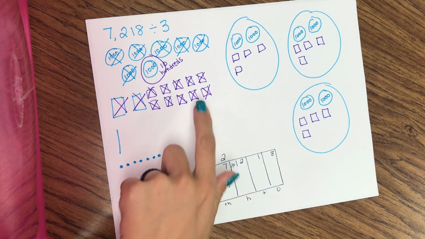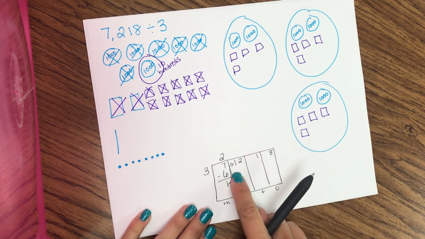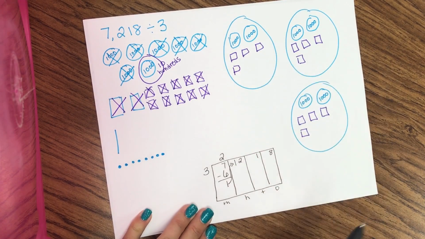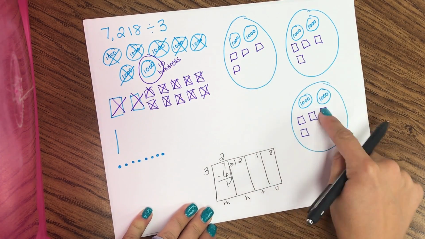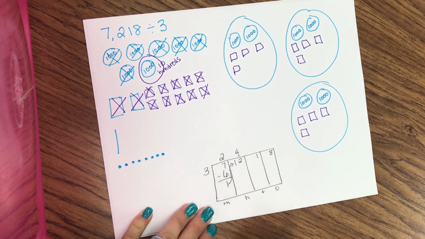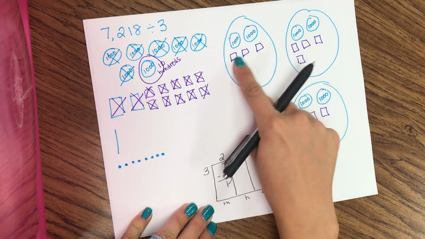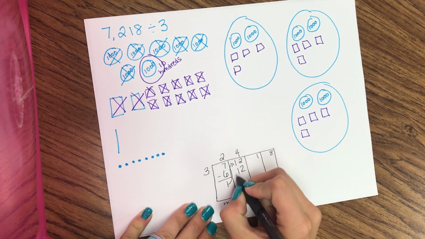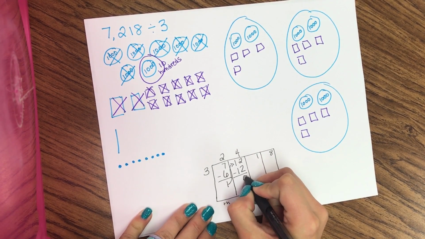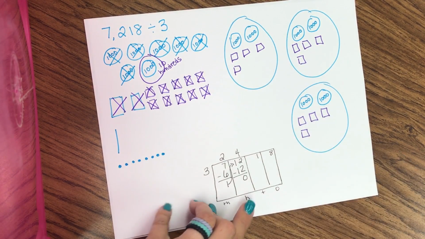Now this time I don't have any leftovers, and that's okay. But down here in my box, I'm going to mark how many hundreds were in each of my circles. There were 4 in each one. So I'm going to write that there were 4 hundreds. Whenever I count how many I used, 4, 8, 12 hundreds. So then I have 0 left over, which is exactly what my picture showed me here.